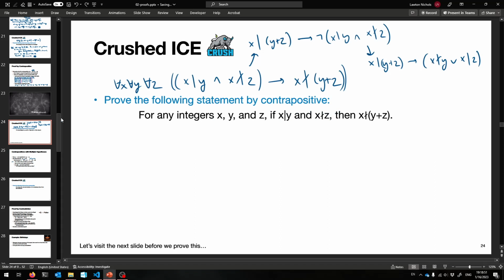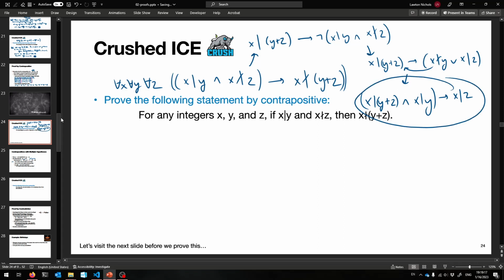So this ends up being x divides y plus z, and x divides y, because I can take this and bring it back into the hypothesis as its negated form. If you negate does not divide, it becomes just normal divides. And then that all implies the other thing, x divides z. And that's the easiest thing to prove.